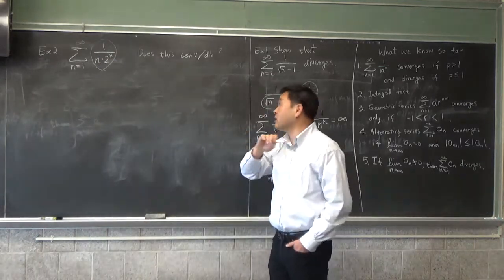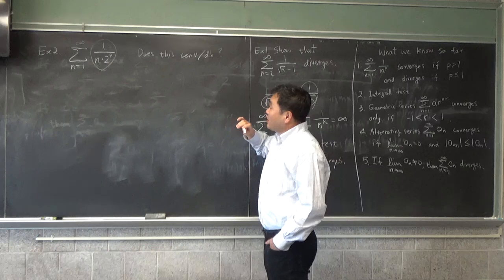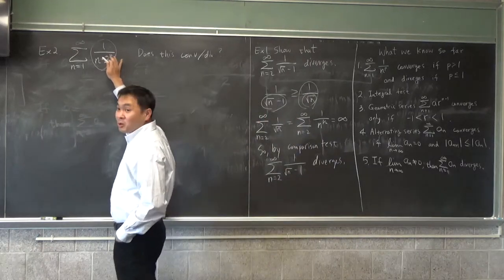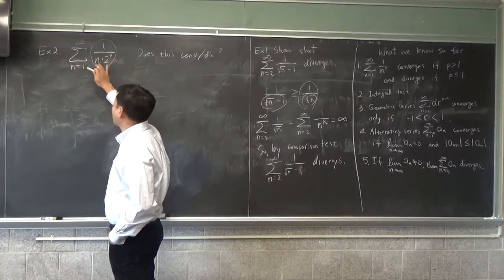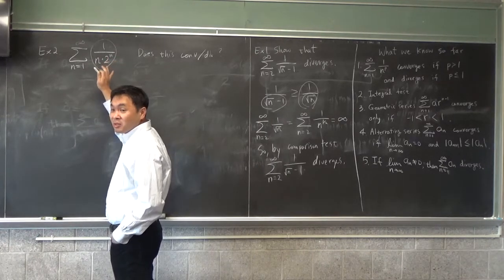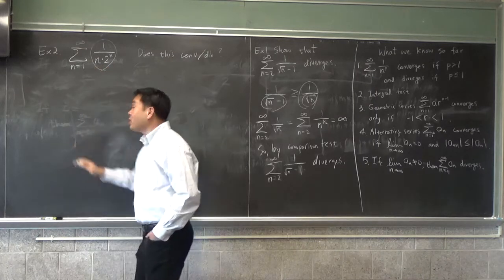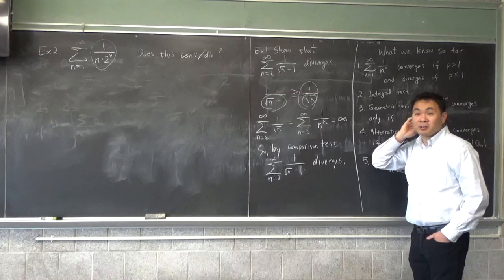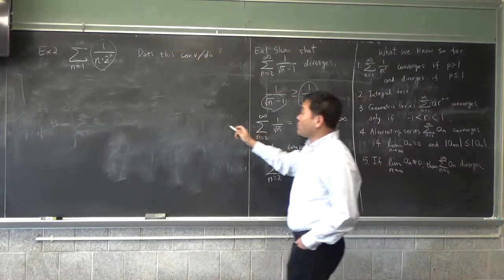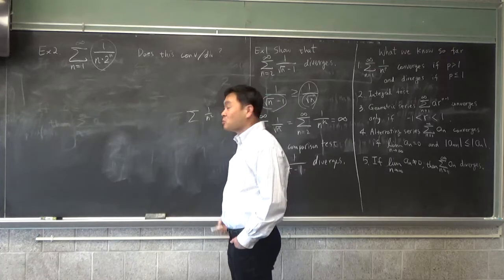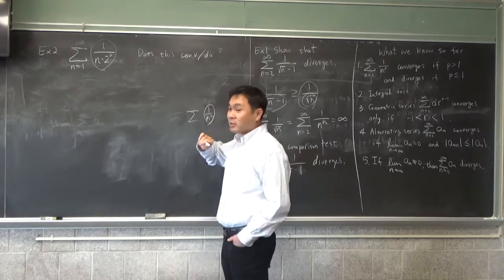But think about it this way. When n is like 10, 2 to the 10th power is about 1,000. And you have 10 times 1,000, which is like 10,000. So you have 1 over 10,000, compared to like 1 over n squared. Which one's going to 0 faster?